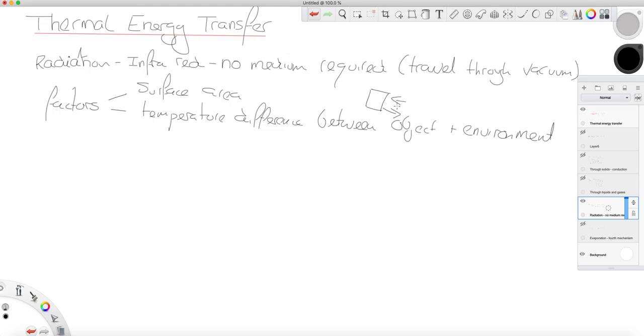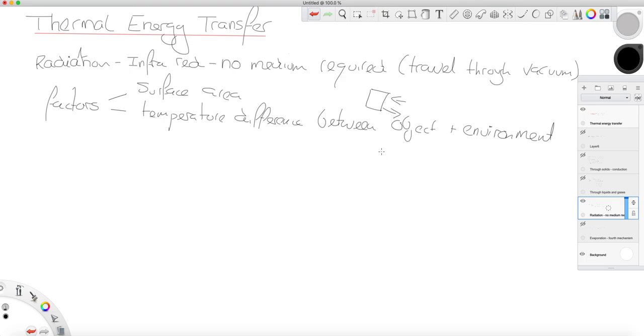But the bigger that difference, the bigger the difference between what is being emitted and what is being absorbed. So your tea will cool fastest when it's hottest on a cold day. So if you take a cup of tea and you make it in August, hopefully August is nice and hot, it will cool down more slowly than it will in January, assuming that the room is colder in January.